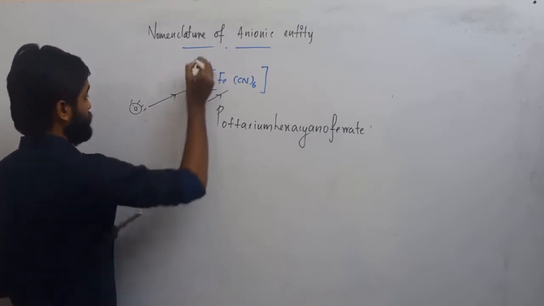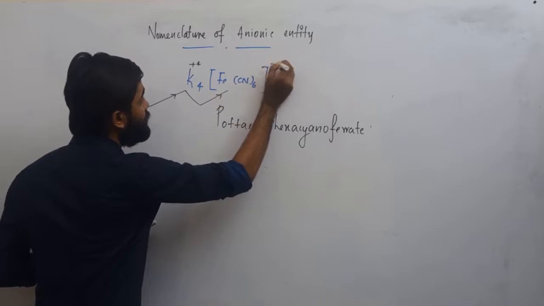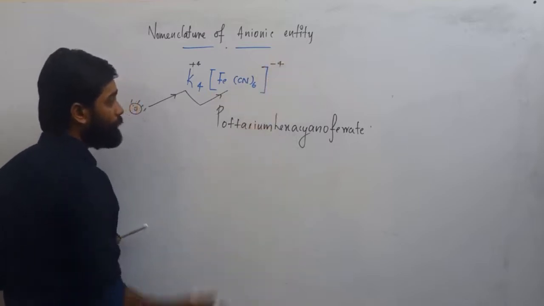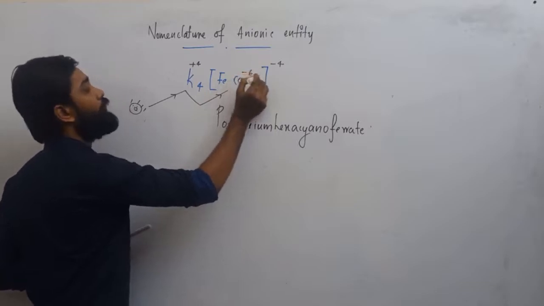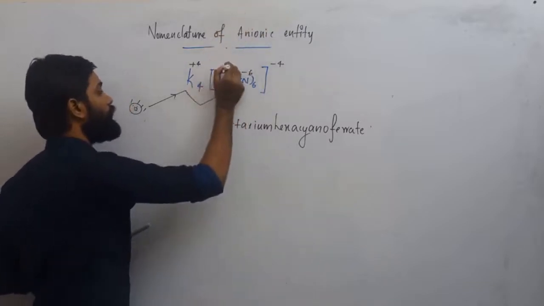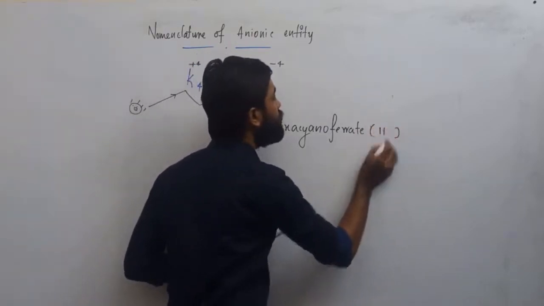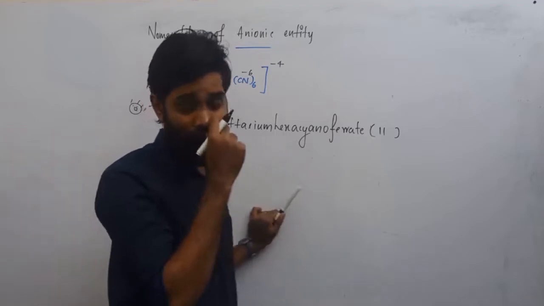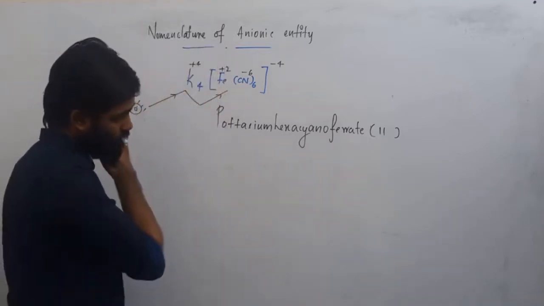Here the charge of counter ion potassium is +4, so the entity has a charge of -4. Six cyanides offer -6. Since here is -6, to bring -4 on the outside, this should be +2. So iron is in +2, but it is usually mentioned as ferrate(II).